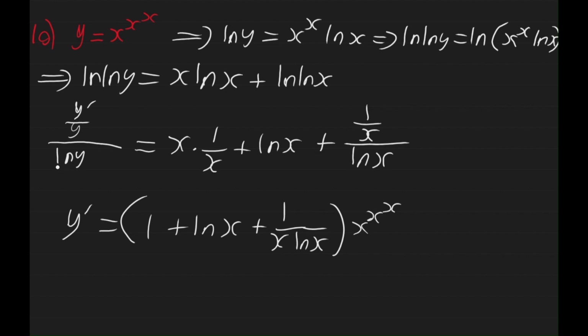Now what's ln y? Of course you can say ln x power x power x, or you can look here and just put x power x ln x. So you also multiply this by x power x ln x.